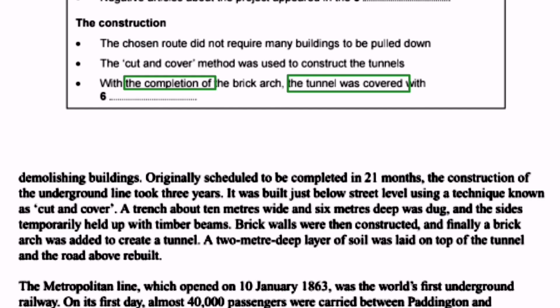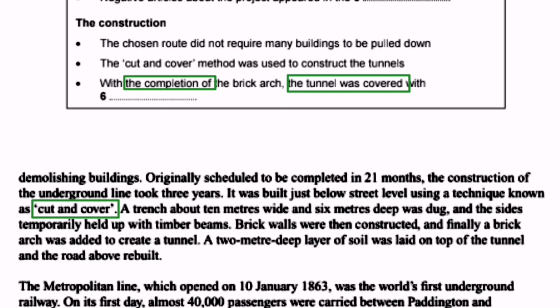Then the second point is the cut and cover method was used to construct the tunnels. Now we have to find the cut and cover method in the reading passage, and if we read further, originally scheduled to be completed in 21 months, the construction of the underground line took 3 years. It was built just below street level using a technique known as cut and cover.